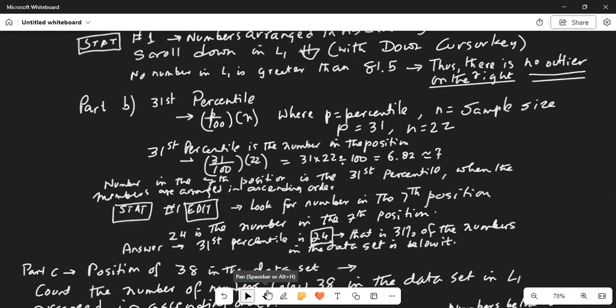The position of that number is 31 divided by 100 times 22, which works out to about 7. So we arrange the numbers in ascending order, and going up from the lowest number to the 7th number, that number worked out to be 24, which means that 31% of the numbers are below 24 and 69% above it.